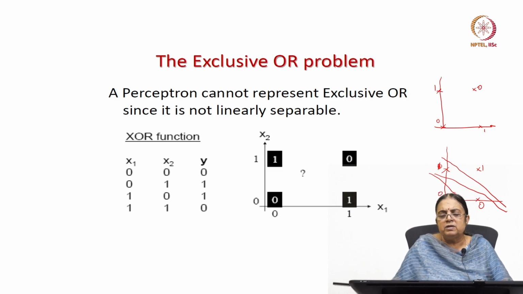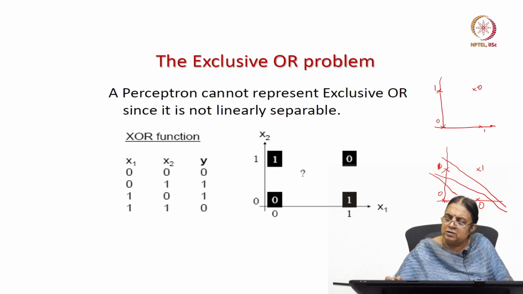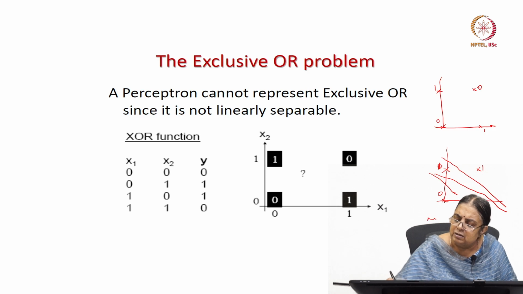When you don't have a linear separator, then you need a non-linear separator. A linear separator would be like a line in the 2-dimensional case. In the 3-dimensional case, it will be like a curve.